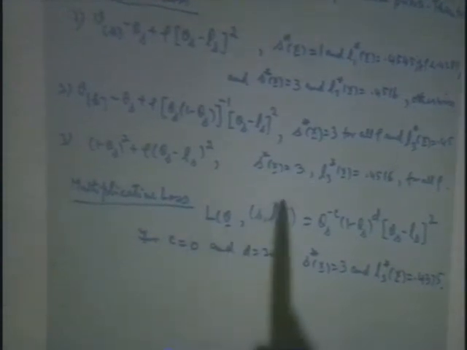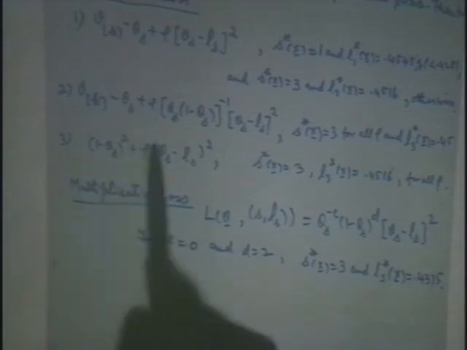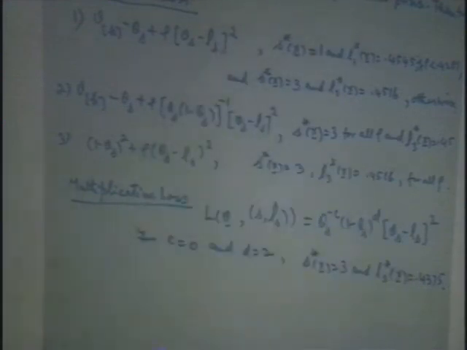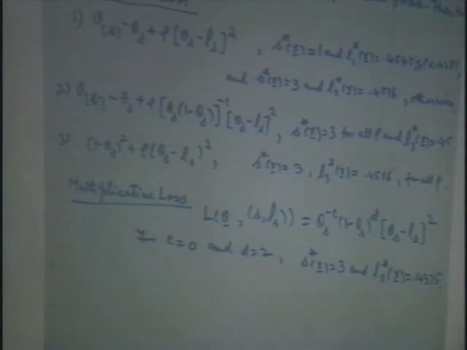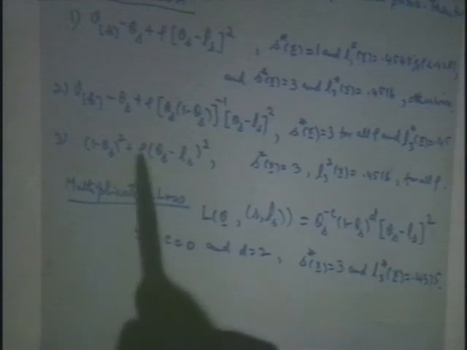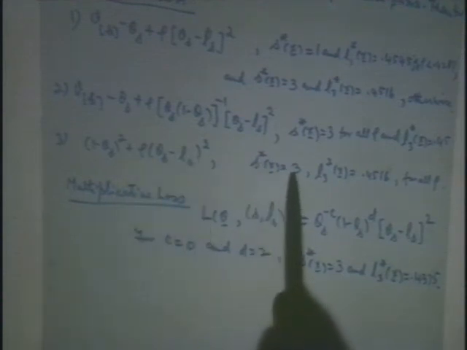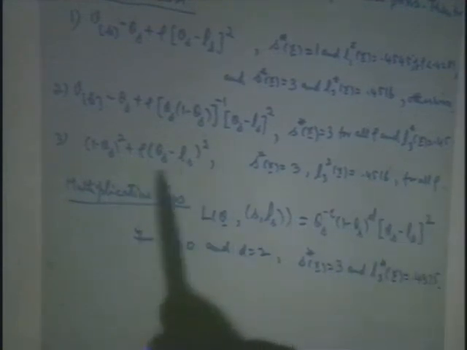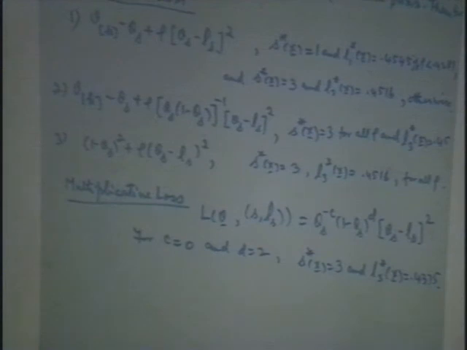If you choose this kind of loss function, so theta k minus theta s here, and then you have rho times this to the power minus 1, this part is still there, then S star x is 3, population 3 for all rho, and L3 star x is actually the same number, 0.45, whereas for this particular loss function here, S star x is again 3, and L3 star x, the estimator for all rho, in this case turns out to be 0.4516.